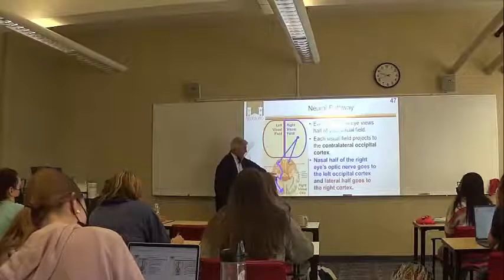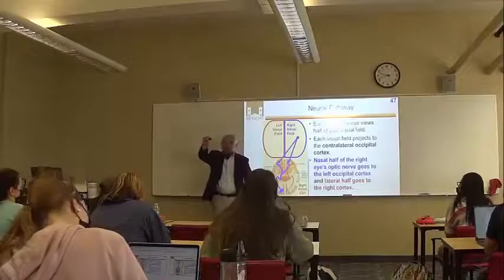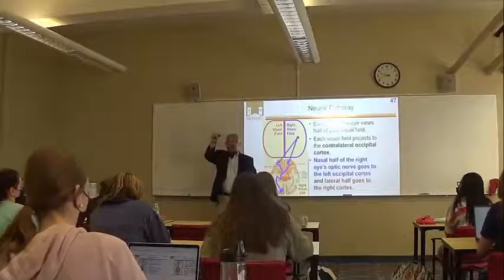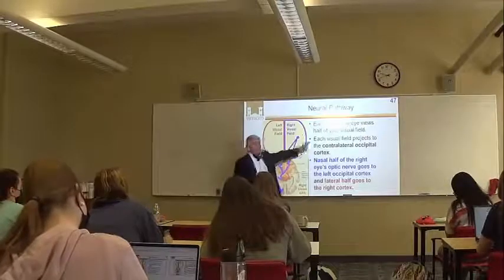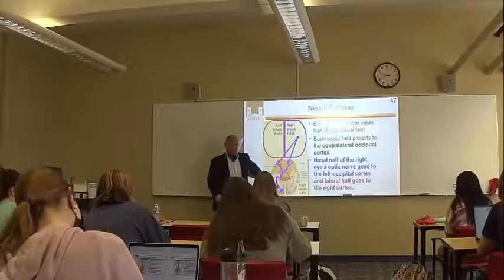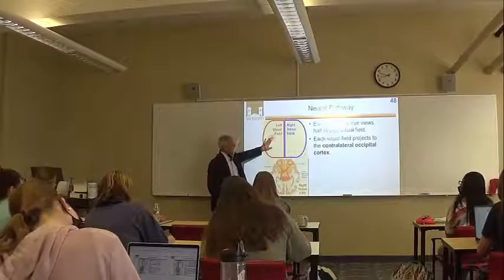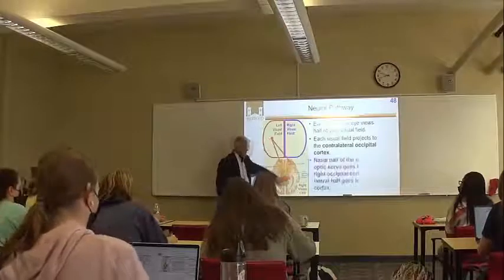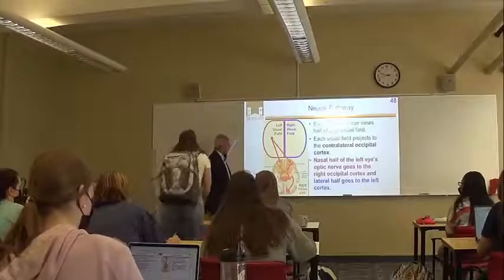So this guy stays ipsilateral, this one crosses over, and they meet up so that I have one representation of this thing in my brain. So everything in my right visual field, even though it's going to both eyes, ends up in my left occipital lobe. And everything in my left visual field is going to meet up and go to my right visual cortex. Okay.